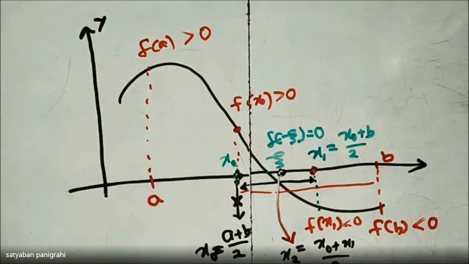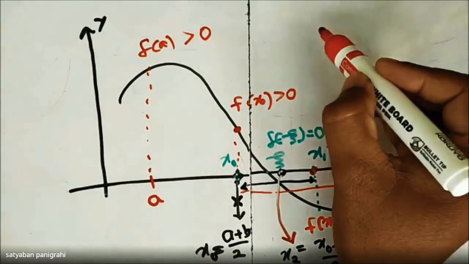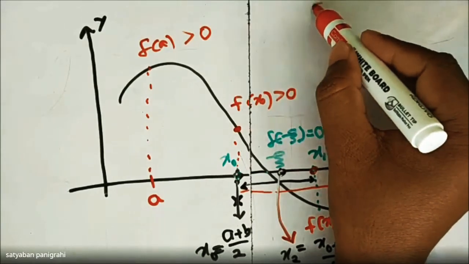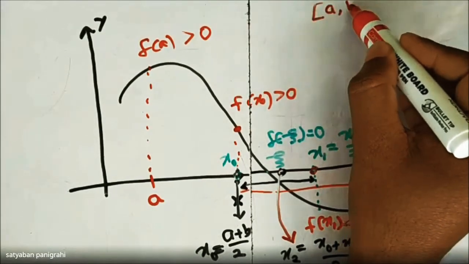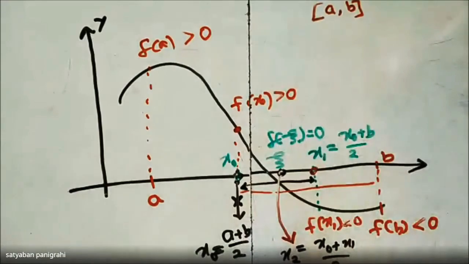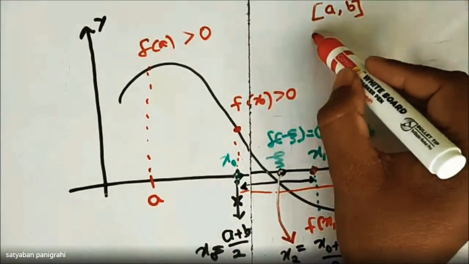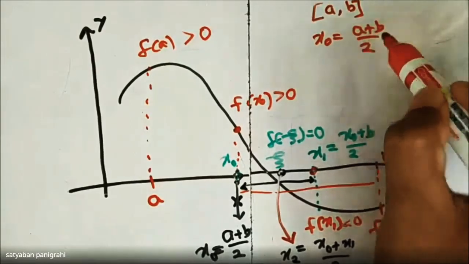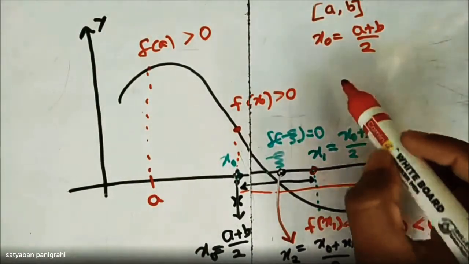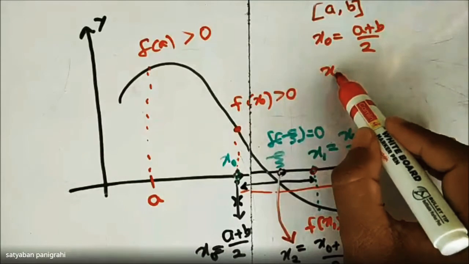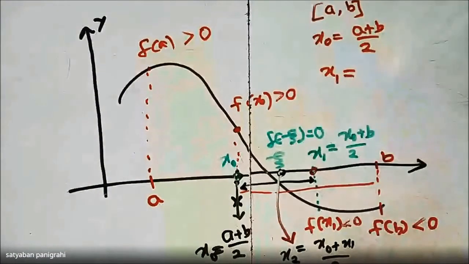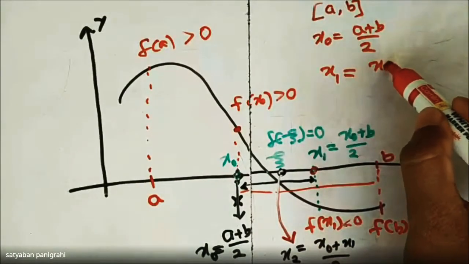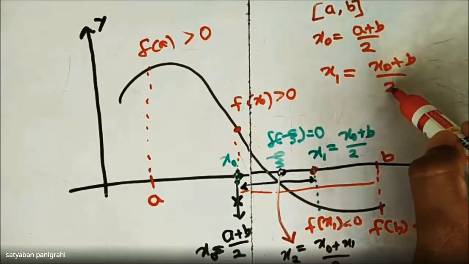That means in our first iteration, we found the root lies in the interval AB. Using this, we got x0 equal to a plus b divided by 2. In the next iteration, we got x1 equal to x0 plus b divided by 2.